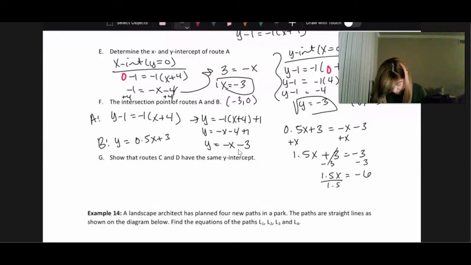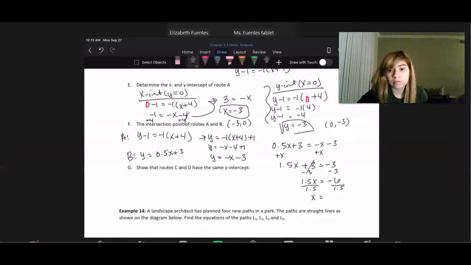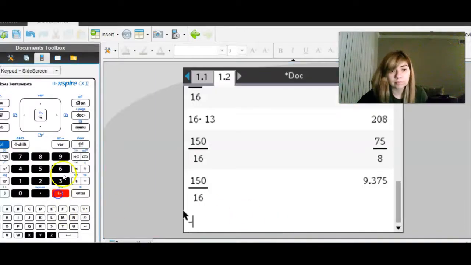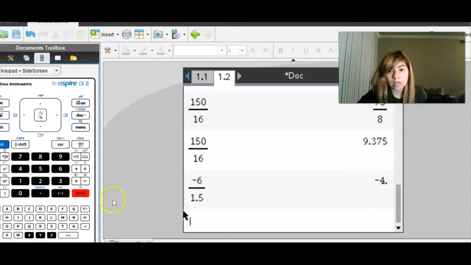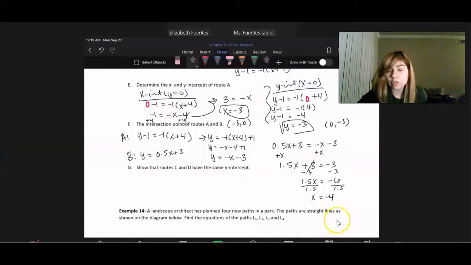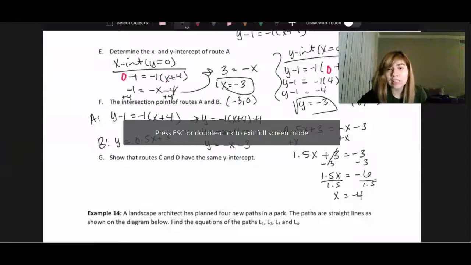Divide by 1.5. x equals negative 4. But that's not your final answer, because you want the intersection point.